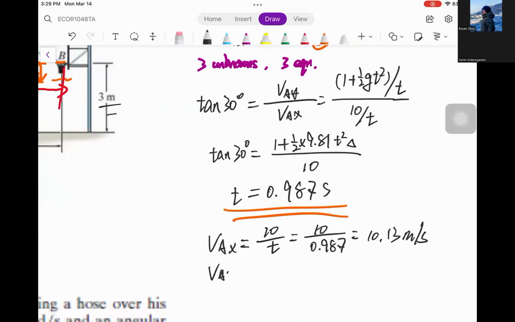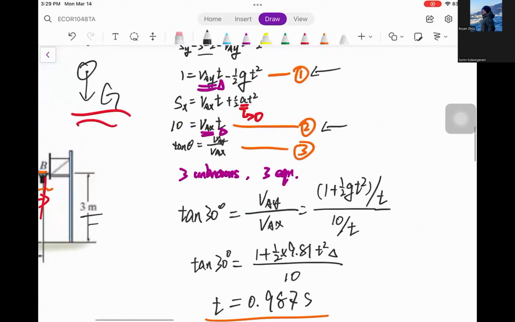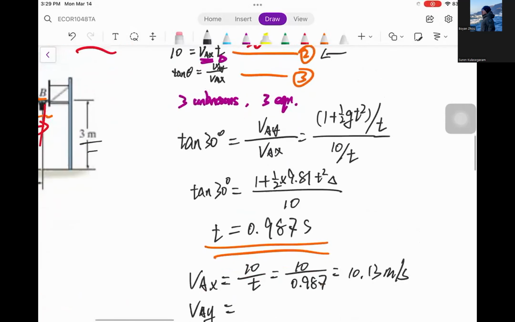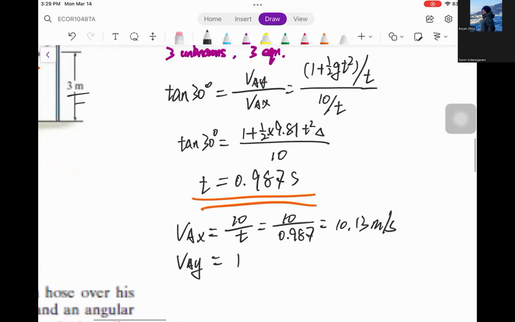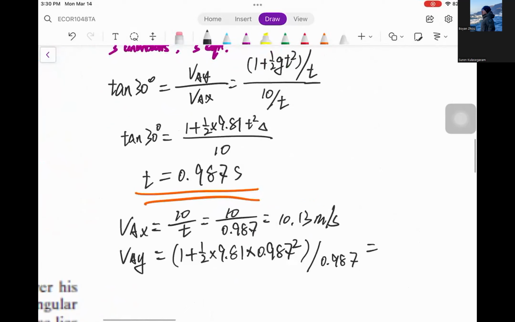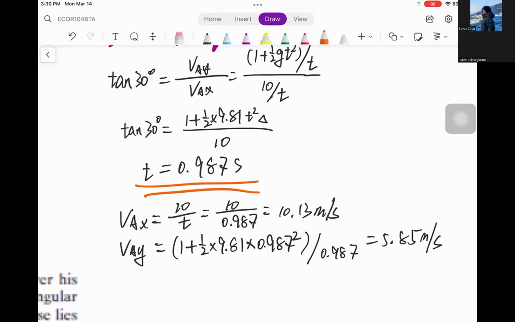And for VAY, from the first equation, the upper part is 1 plus half times 9.81 times 0.987 square, over 0.987. And that's going to be 5.85 meter per second. So we have T and VAX and VAY now.